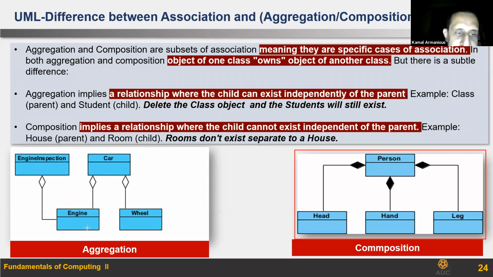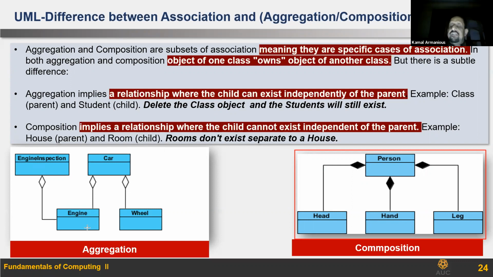But here you associated the state of the engine with the check engine. The class diagram doesn't tell you the state. Anyways, Yasin, you're right at the end of the day. If you have a certain situation where you have a class like the leg and the person, it can be aggregation and it can be composition.